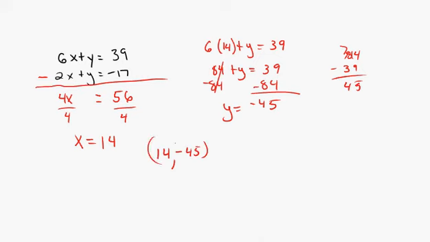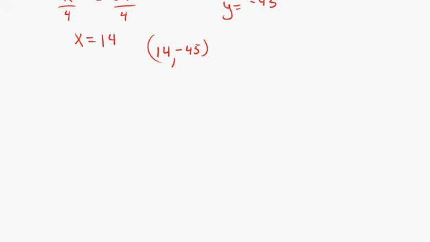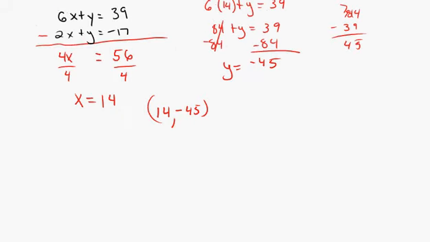Again, we can check this. So let's do this in black. If I do the check, I'm going to move down a little bit. My original equation was, I'll do the first one. So 6 times 14 plus a negative 45. We're wondering, does that equal 39?